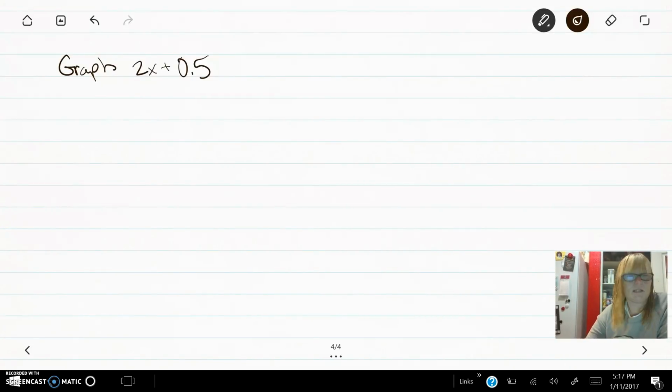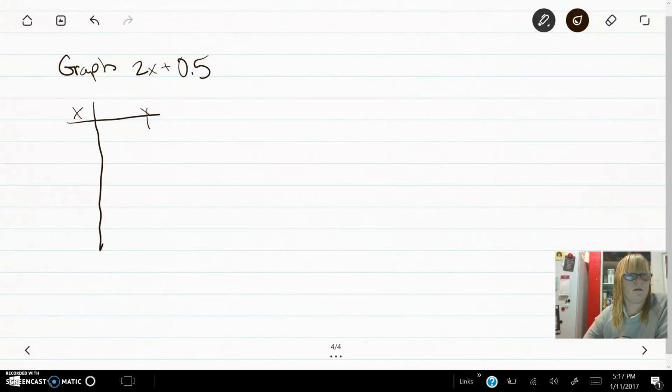Okay, so let's make my table. So I have x, and then y. And I already know my rule, right? 2x plus 0.5.